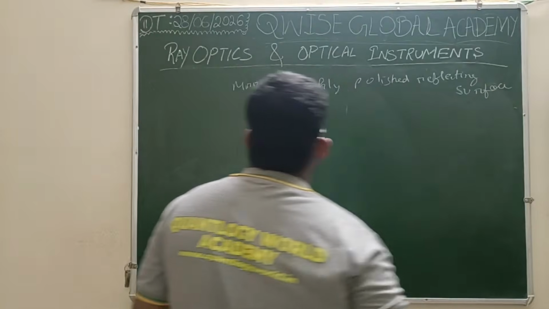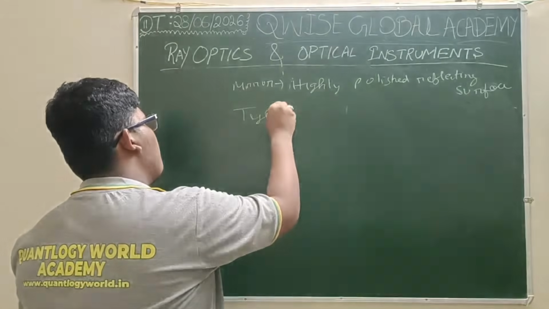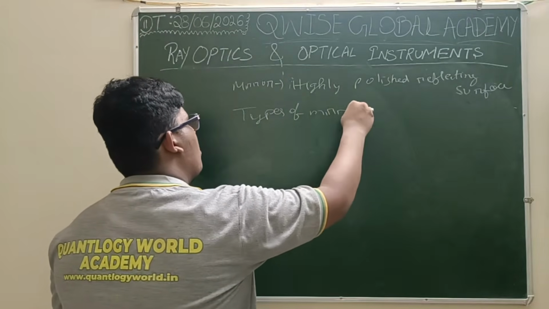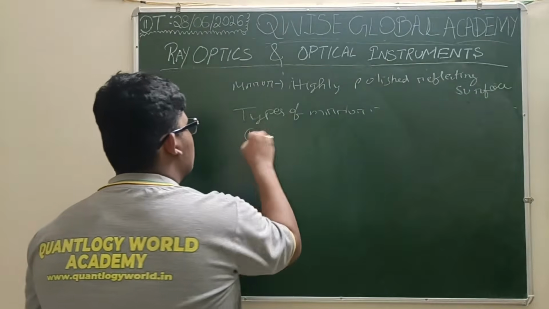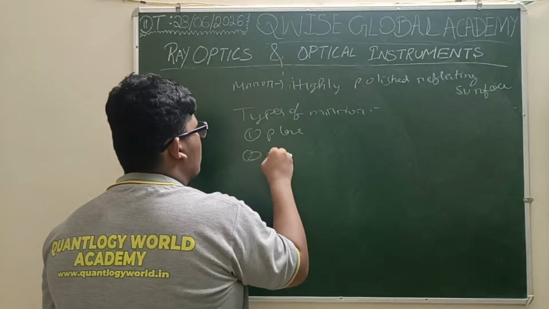It is called mirror. And then there are types of mirror. There are basically two types of mirror. First is plane mirror. Second one is spherical mirror.